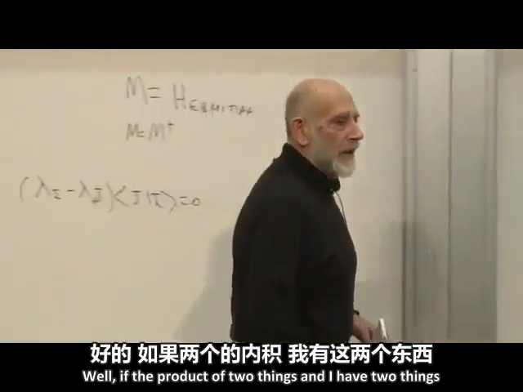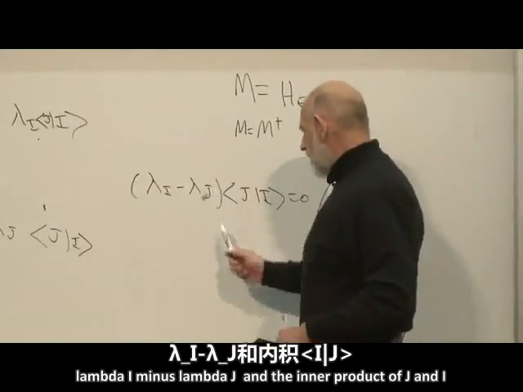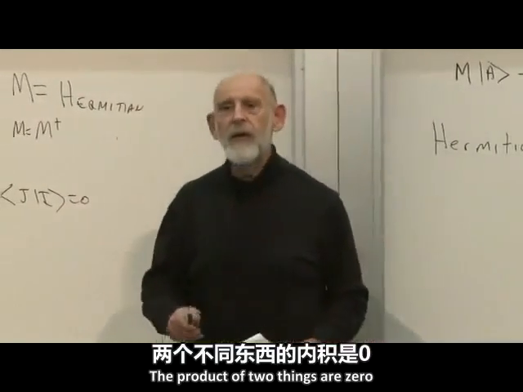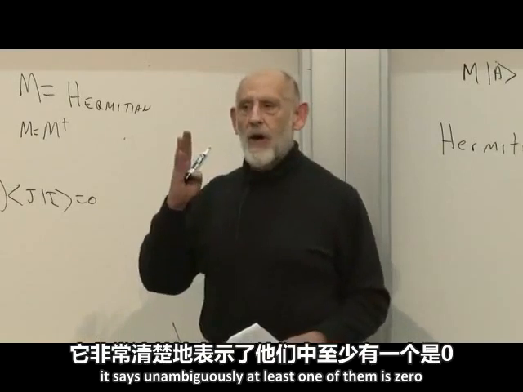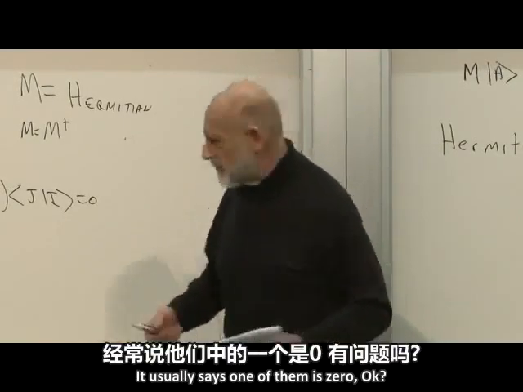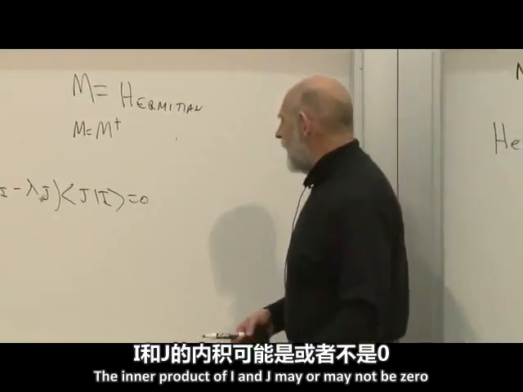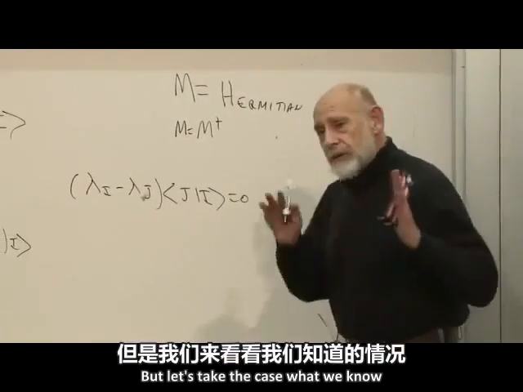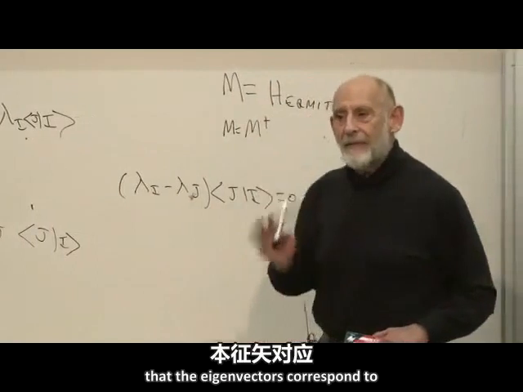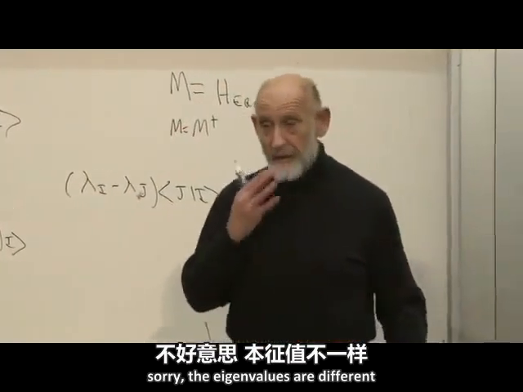Well, if the product of two things, lambda I minus lambda J and the inner product of J with I, is 0, it says unambiguously at least one of them is 0. The inner product of I and J may or may not be 0, but let's take the case where we know that the eigenvalues are different. That's what I'm interested in.